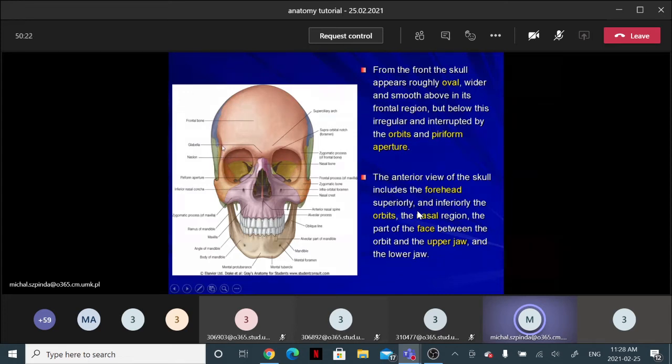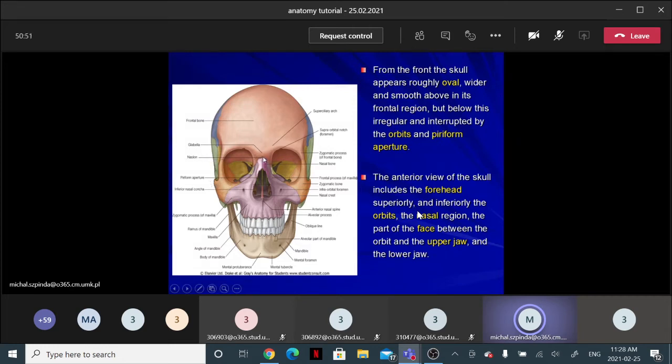The zygomatic process of frontal bone articulates with the frontal process of the zygomatic bone. So here we have two reciprocal processes that form the lateral boundary of the orbital opening.